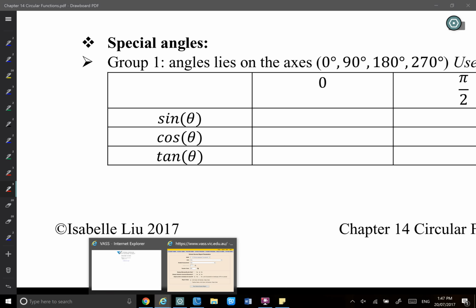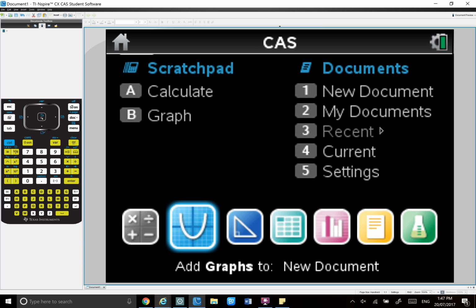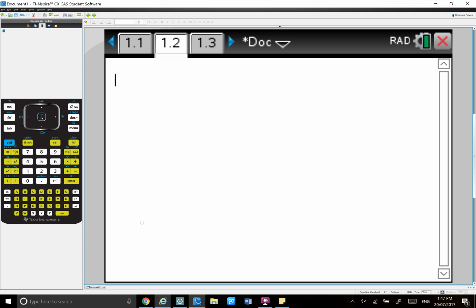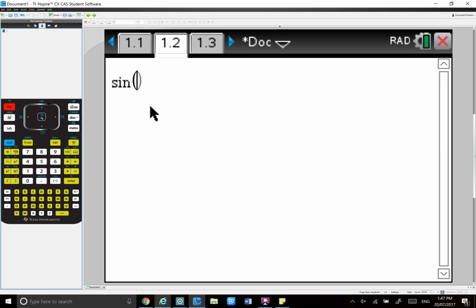I will just put, okay, in my calculator, sine. Well, let's put degree form first. Let's say 160 degrees. Okay, 160.